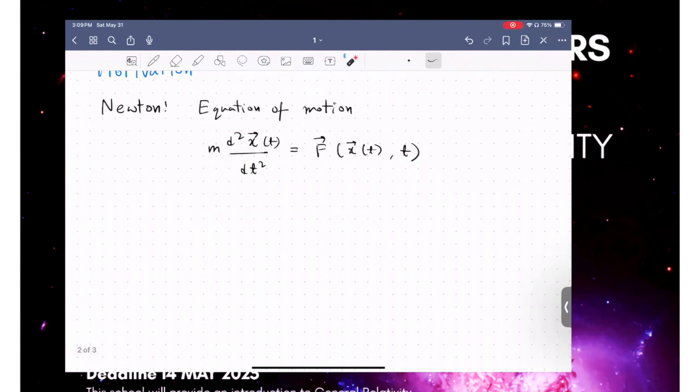So what do we study here? We assume that we have some particle that is situated at some location x at time t, and this particle moves with time along some trajectory, and that trajectory we find by solving this differential equation, right?